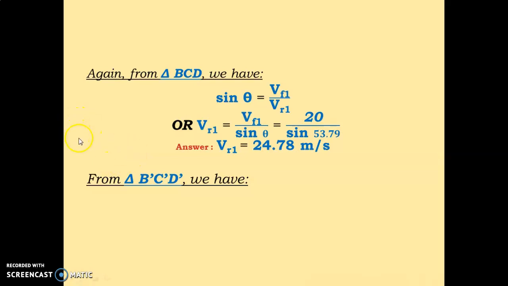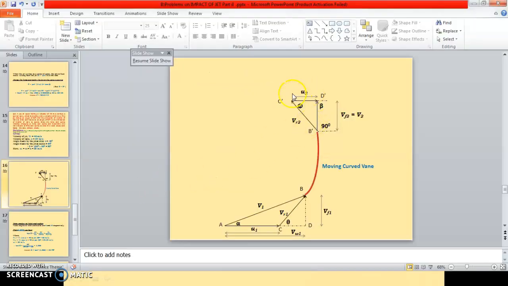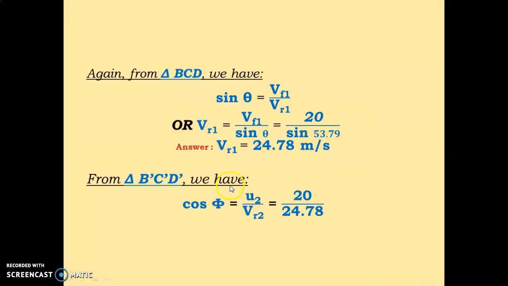Now we have to find out phi. So we will go to triangle B'C'D', that is the outlet velocity triangle. Now cos phi is equal to U2 upon VR2. U2 is equal to U1, which is 20 meter per second, and VR2 is equal to VR1, which is 24.78 meter per second.